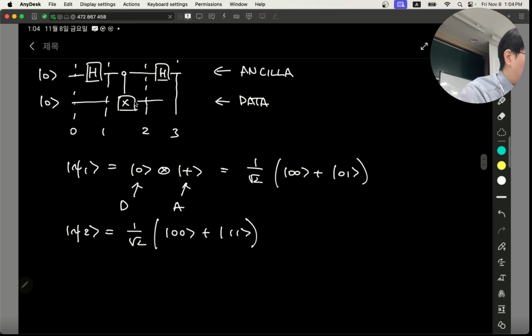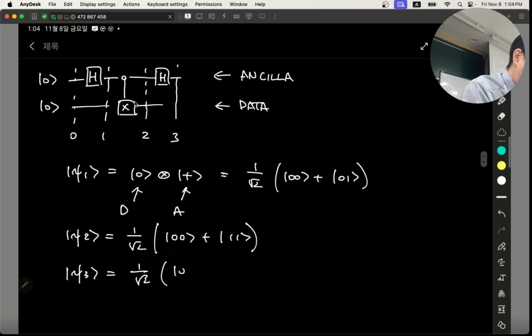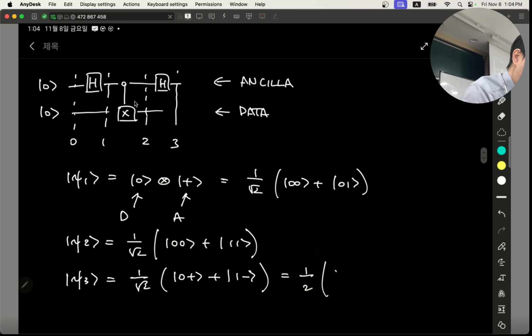And then you apply the Hadamard gate again. So psi 3 is 0 plus 1 minus. So it's going to be 1 over 2 of 0,0 minus 0,1 plus 1,0 minus 1,1.